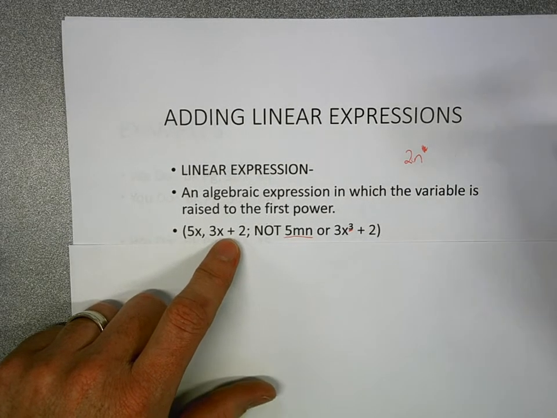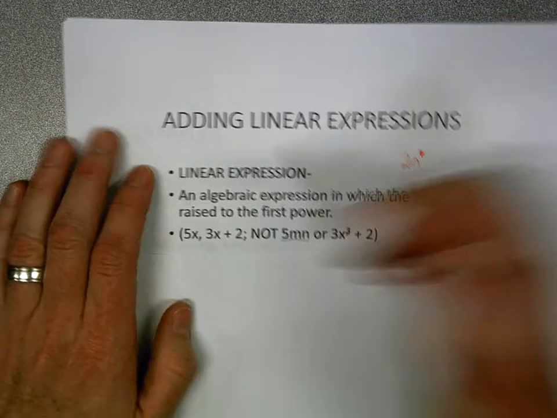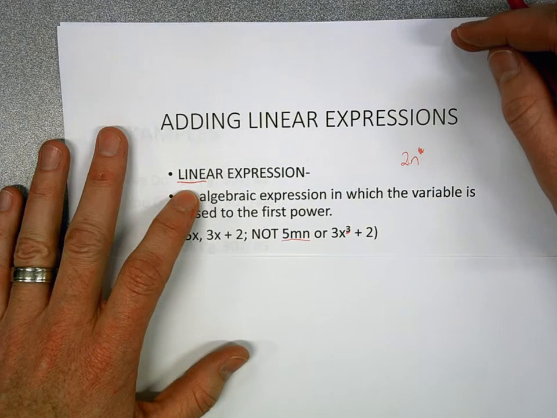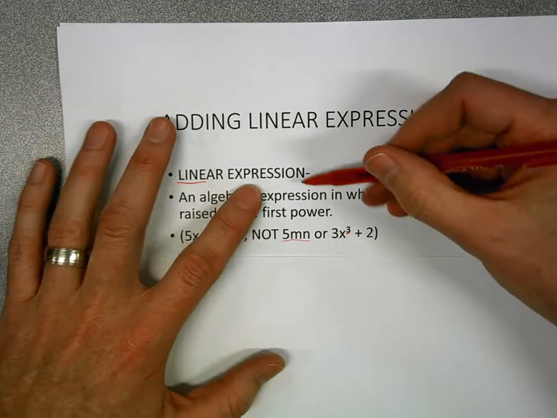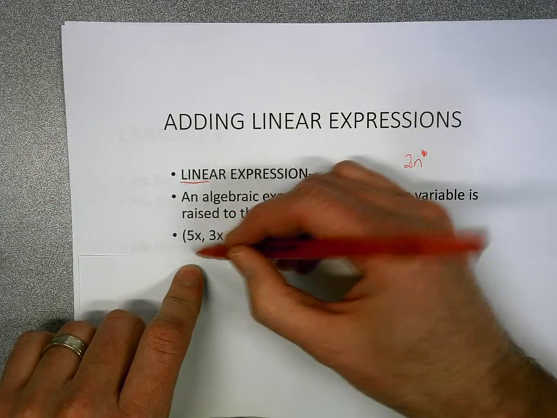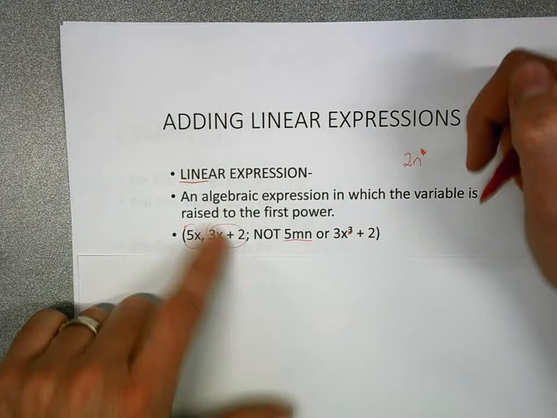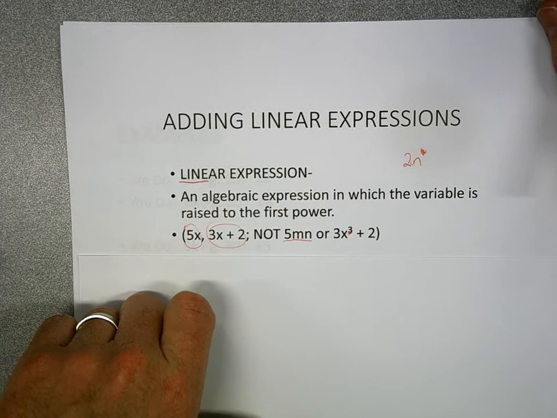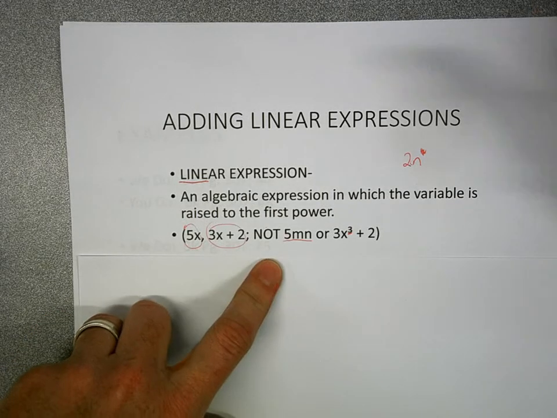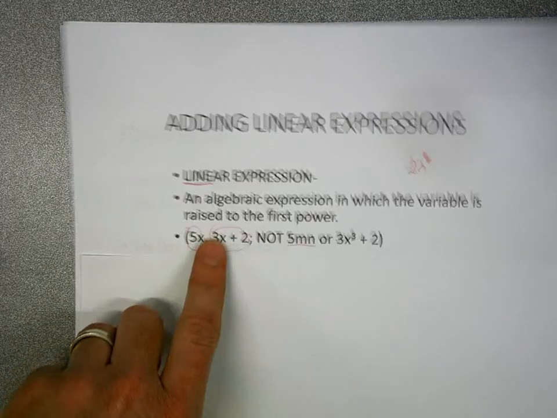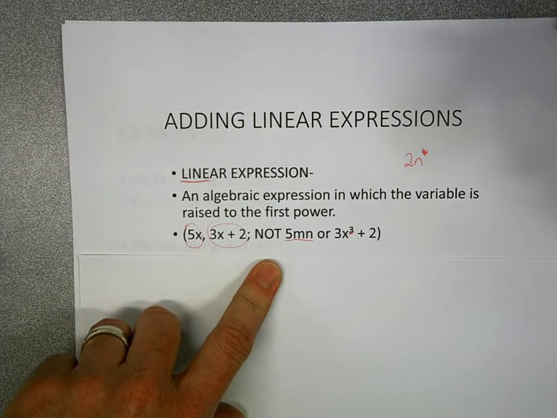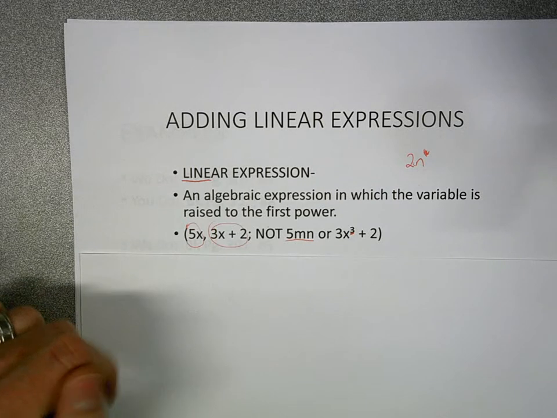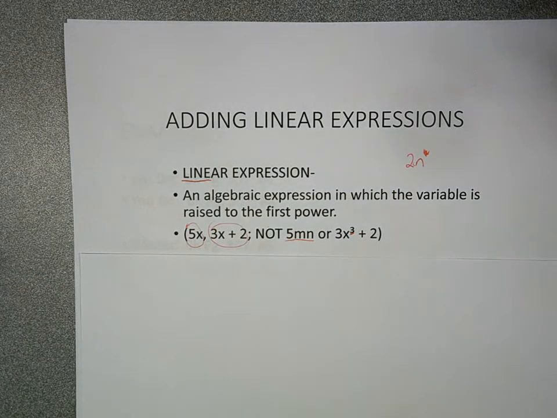You might know where I'm going with this, but the word linear is the adjective form, of course, of line. Bottom line is, if I was to graph a linear expression, one of these two expressions here, it is going to create a line. As you get older, we'll also be talking about linear equations and linear functions. Basically, we're just getting you ready for that next level. All right, so linear expressions.